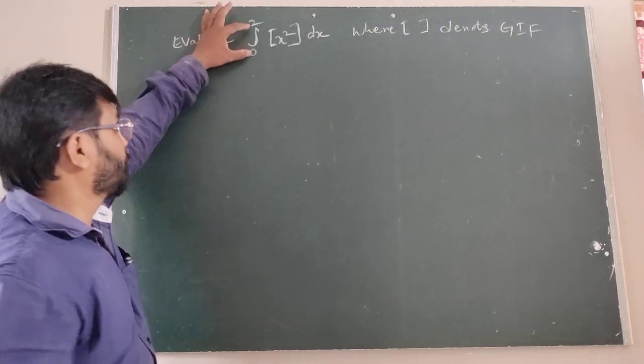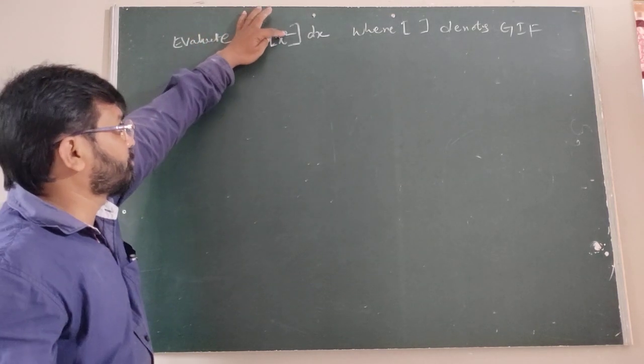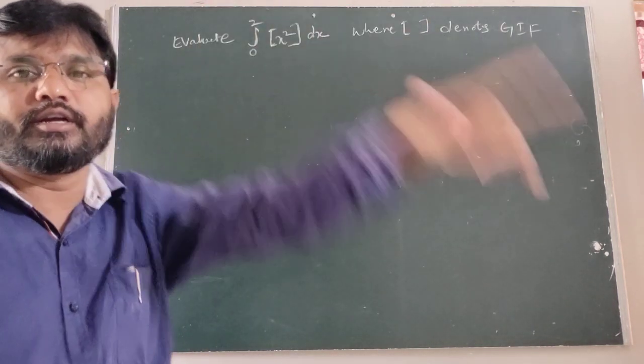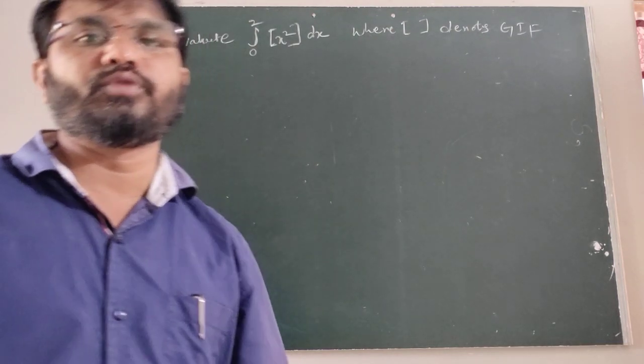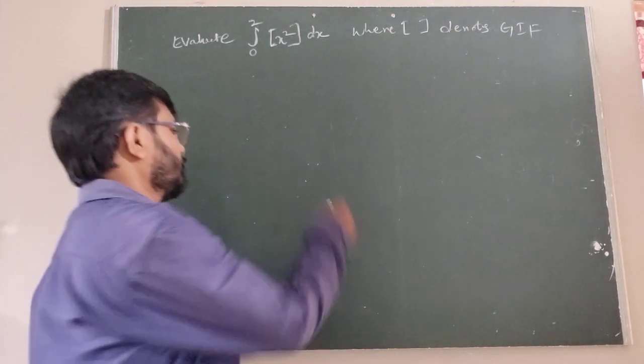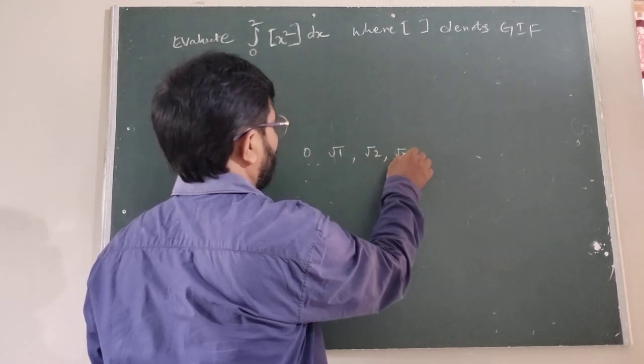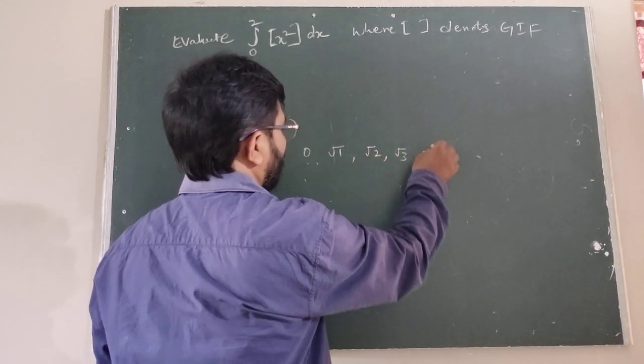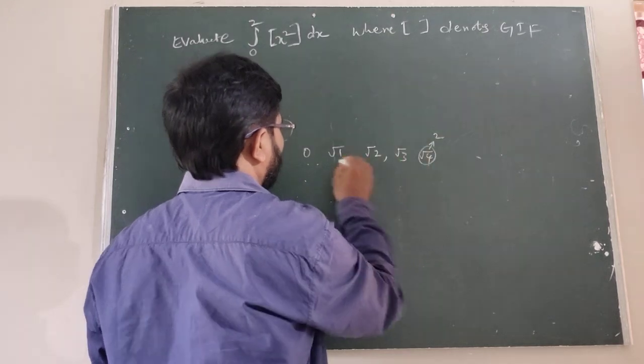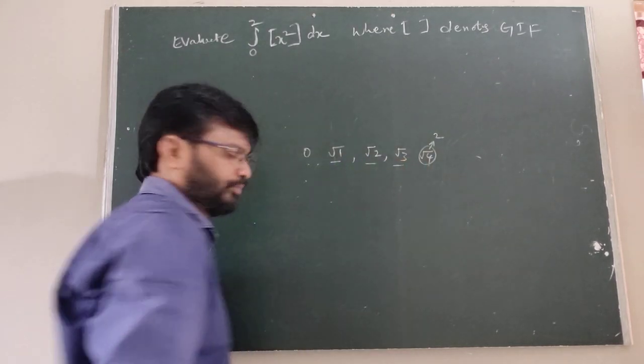Here when the square term is there, undoubtedly the square and under root cancel. Therefore 0, root 1, root 2, root 3, root 4. Root 4 we know is 2. So we have to take these limits.